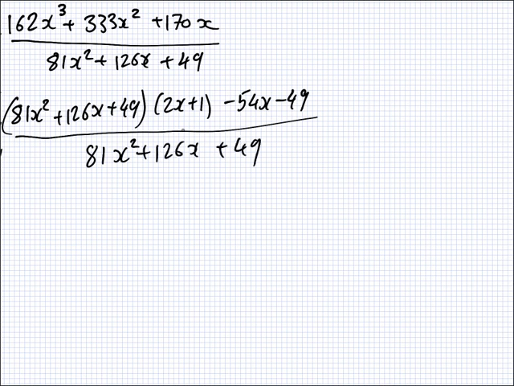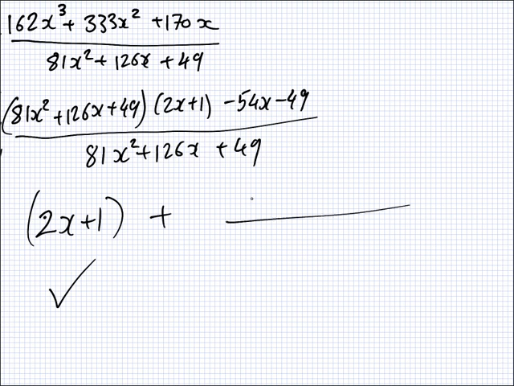So you know the story, just like in the last one, you can split them into two and divide each one. So the first piece will become 2x plus 1. And then the next piece will be minus 54x minus 49 over this quadratic.